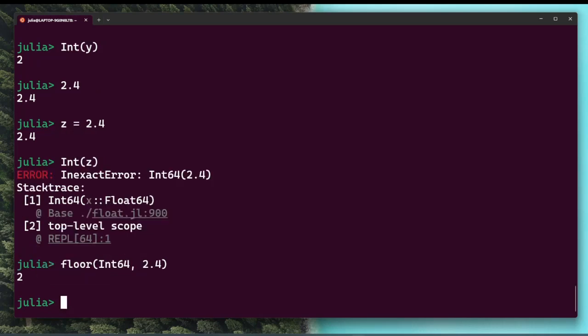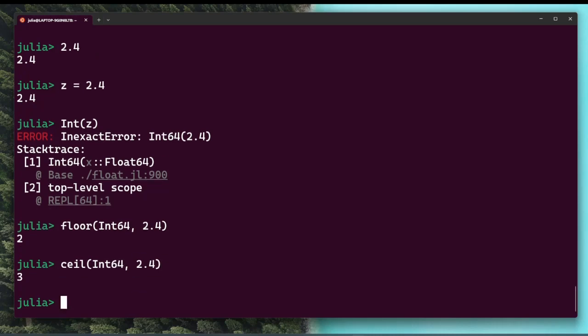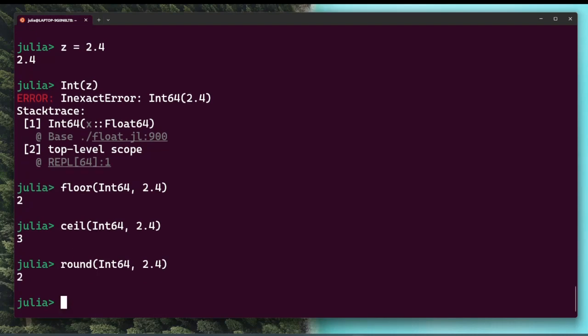Now this will round off to the lowest, then there is ceil: ceil of 2.4 will round off to the highest value. There is round, which will round to the nearest value. So this rounds off toward the nearest integer.